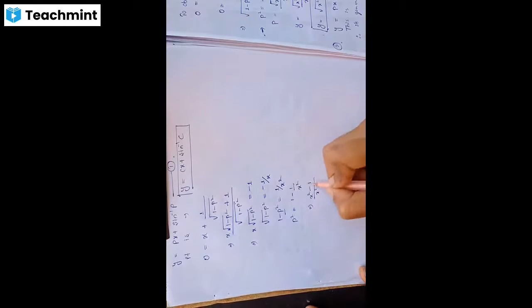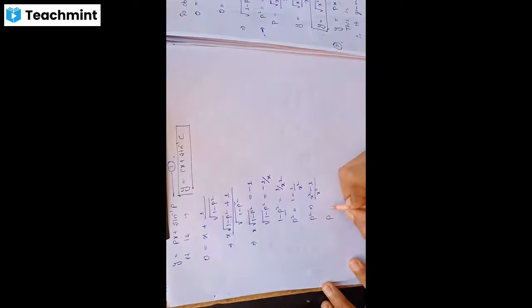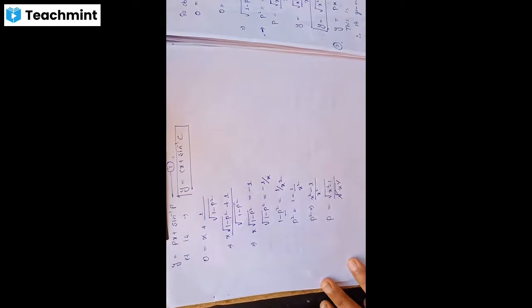So x² − 1 is the remaining. So this is the p² value. If you want the p value, then it is the root of x² − 1 divided by the root of x². So this square and this root get cancelled. So p = root(x² − 1)/x is our p value.